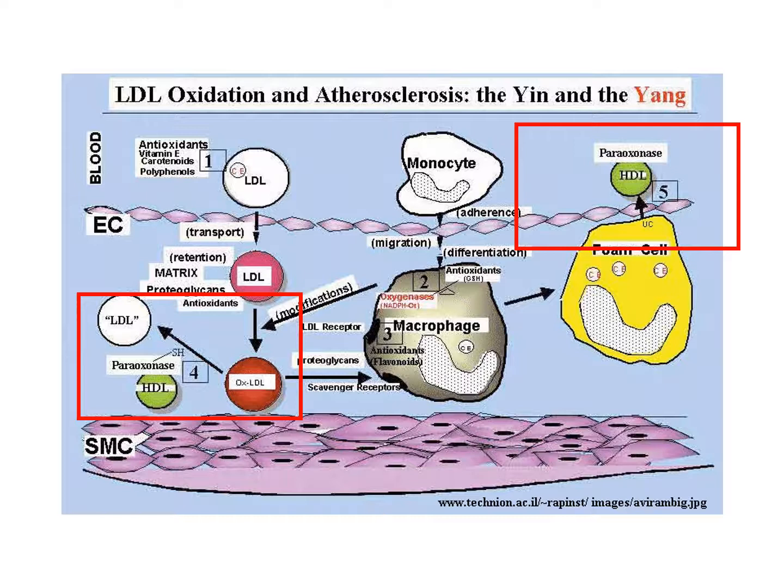You'll notice that for the oxidized LDLs, number 4, the peroxidase is basically removing the oxidized LDL so they don't go to the scavenger receptor. And then up in the top right-hand corner, you notice the peroxidase is taking away LDLs from the plaque or the foam cell.